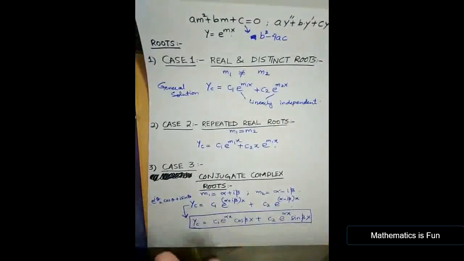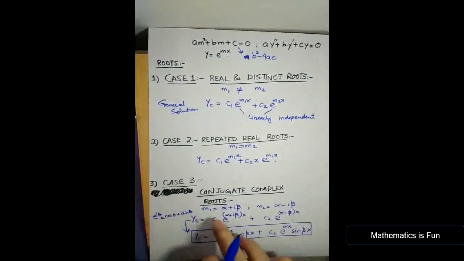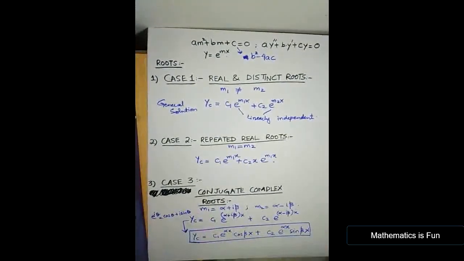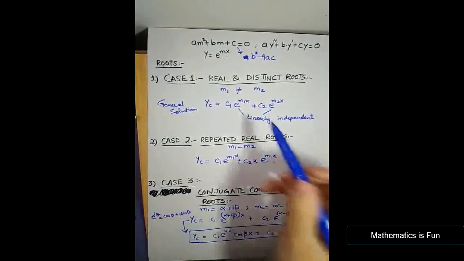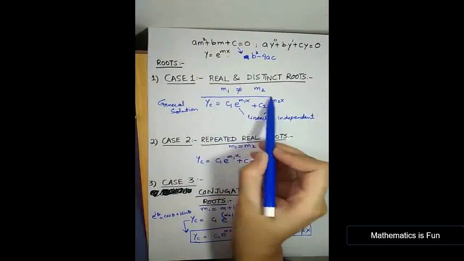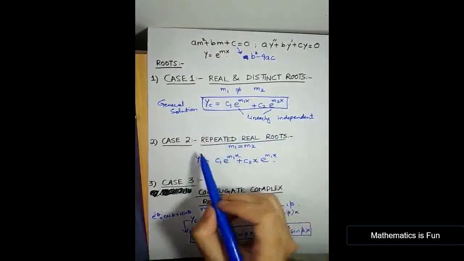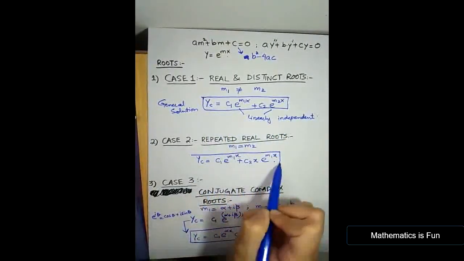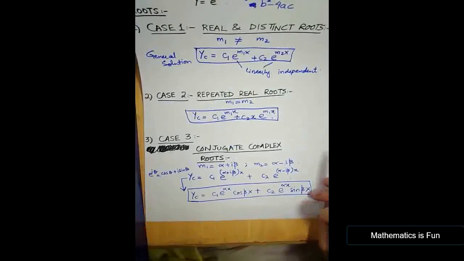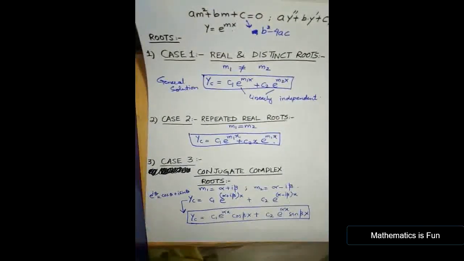You can also do it by yourself from this to this statement. So directly, if you have distinct real roots, your solution is of this type. If you have repeated real roots, then your solution is of this type. That's it. In the next video we will do the example.